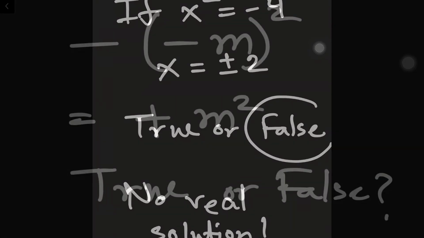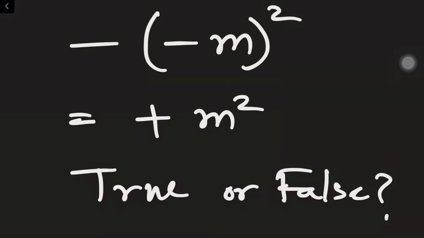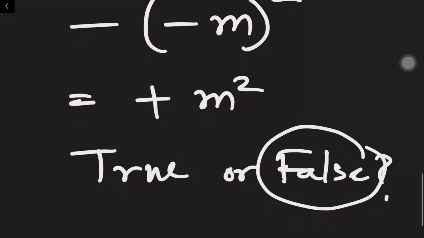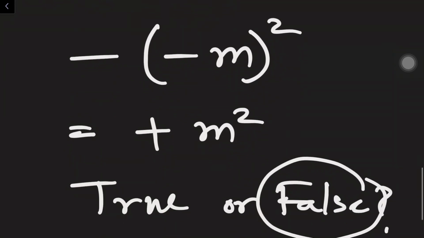Negative, parentheses, negative m, whole squared is equal to positive m squared. Is it true or false? I'll give you 10 seconds. So the answer is false, okay? Let me show you why. I hope all of you know about your PEMDAS.